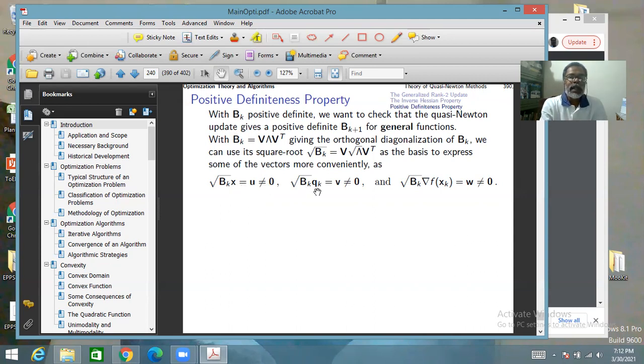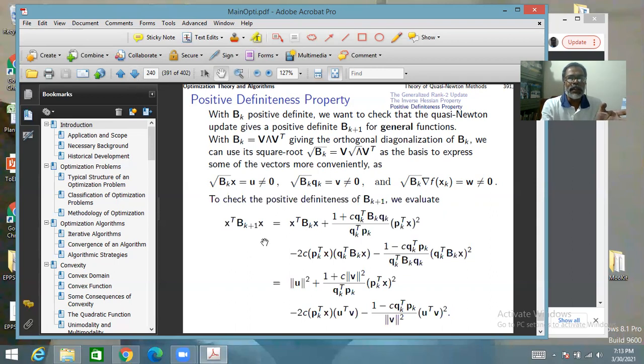Then qk, when you express in this basis, you call it v, which is also non-zero because if qk had been 0, then the algorithm would have stopped. Similarly, the gradient, if you express in this basis, you call it w, which also will be non-zero because if the gradient had become 0, then also the algorithm would have terminated. Okay, so keep in mind that x, qk, and grad of f at xk are now expressed in the new basis as u, v, w, and all of them are non-zero vectors.